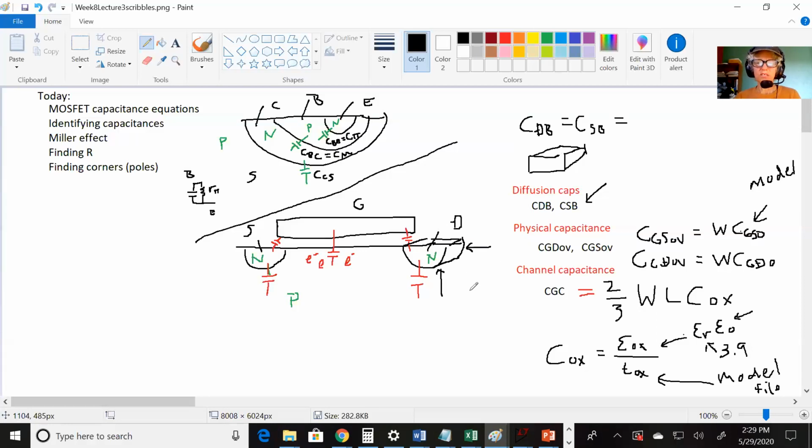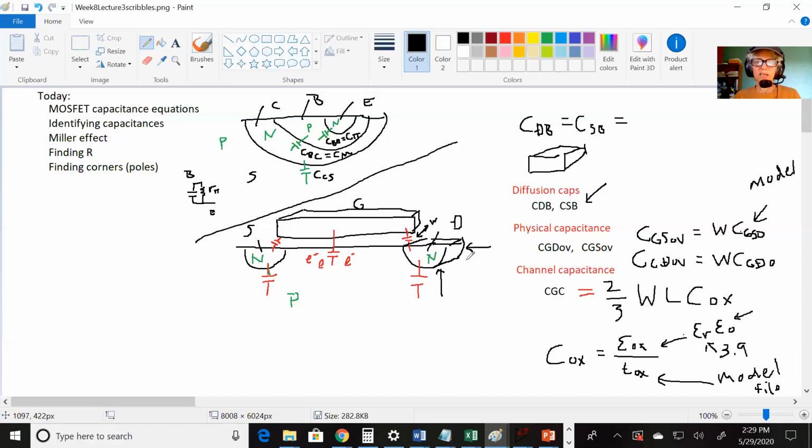So the bottom area of this, if you look at how I drew this, you can tell that the gate width here, this is the width of the gate right here, is the same as the width of the source or the drain. So the width of the source and drain are the same as the width of the gate.